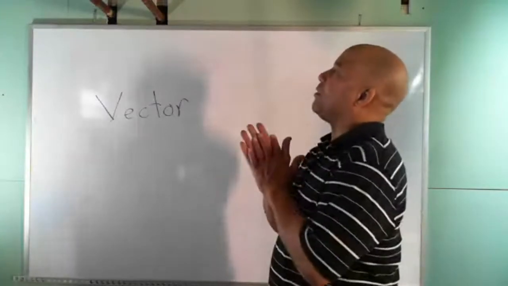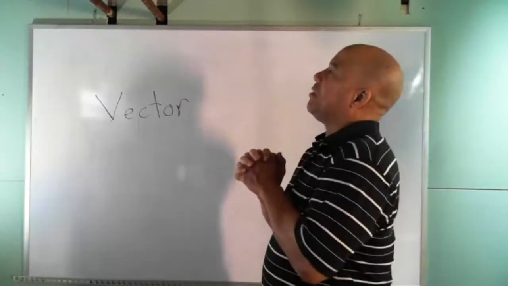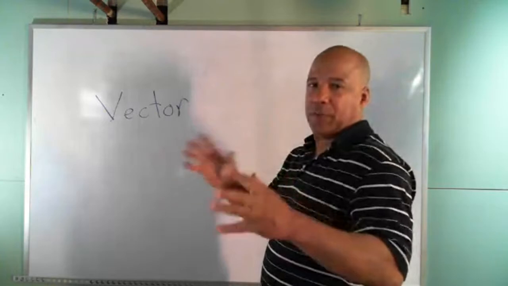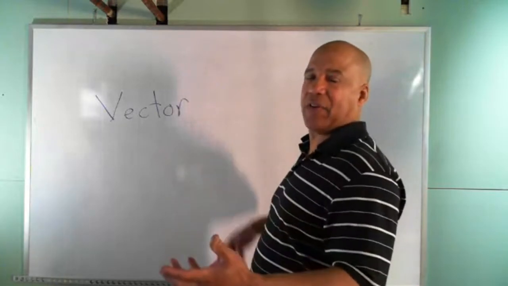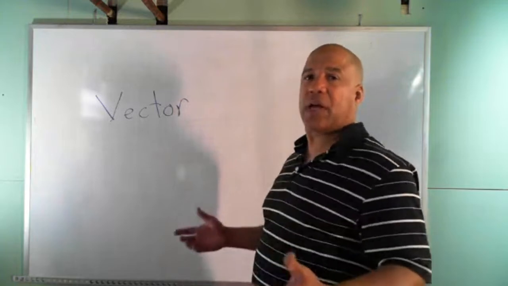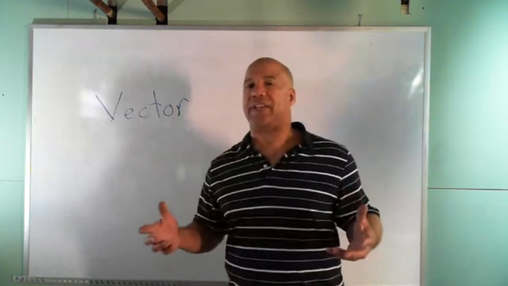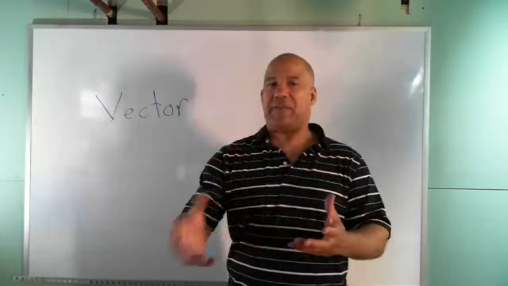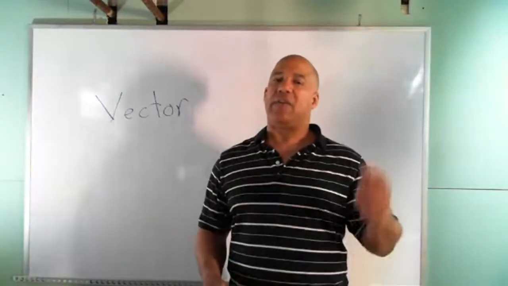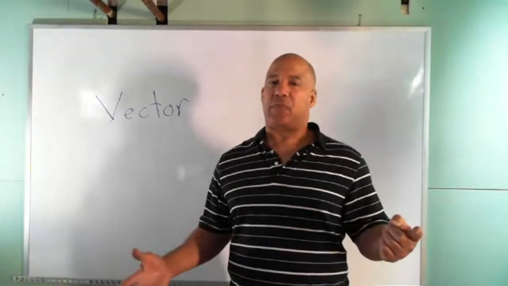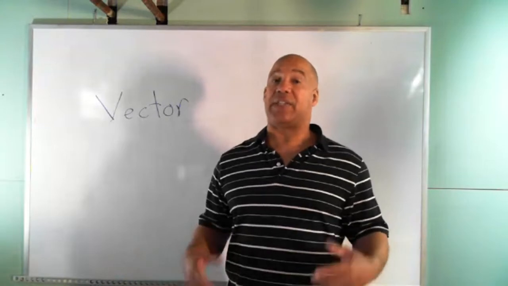So a vector basically needs two pieces of information to represent it. You have magnitude or size, and you have direction. So some quantities in nature, you have to state two things to actually capture that quantity. So if I only need one thing, like magnitude, to represent a quantity, then we call that a scalar.